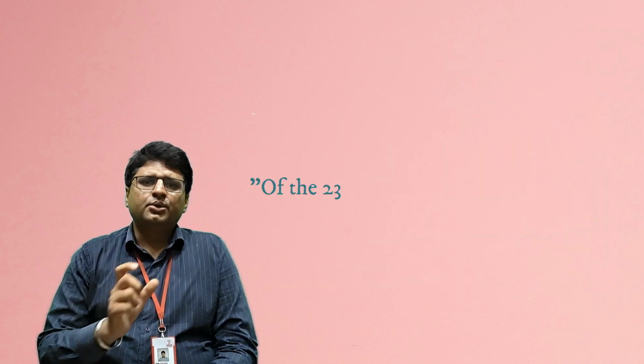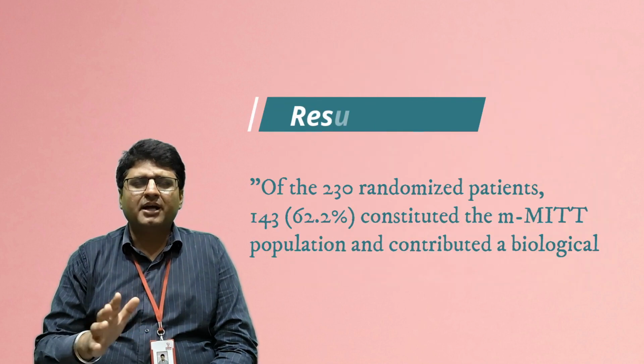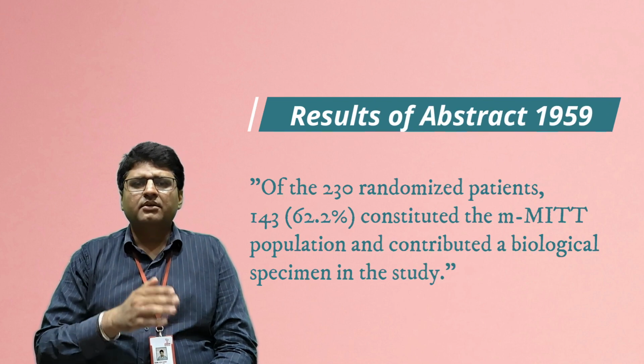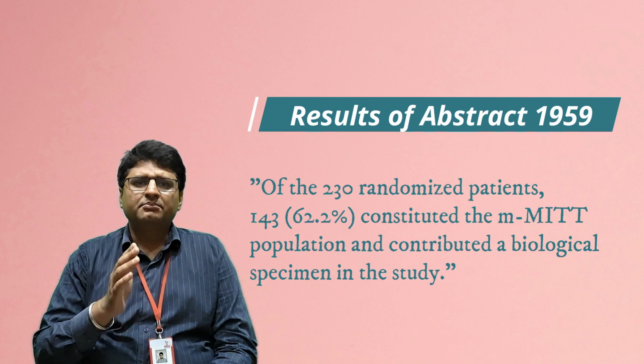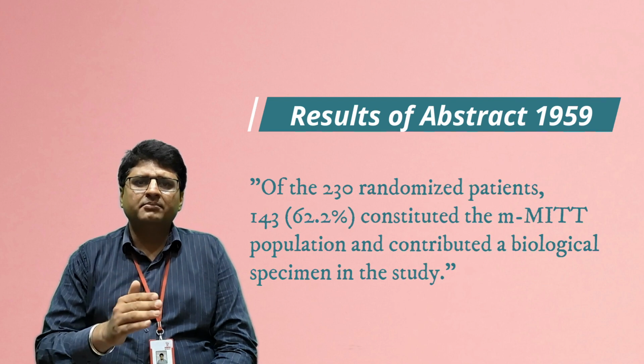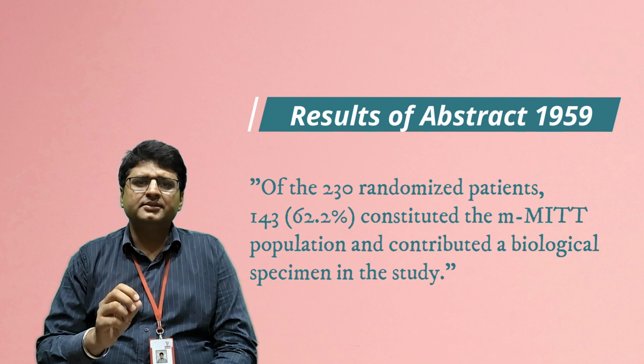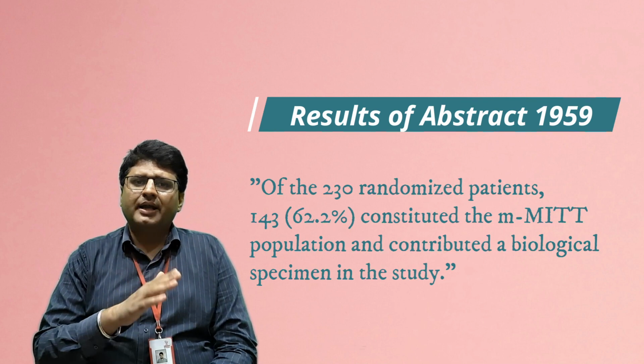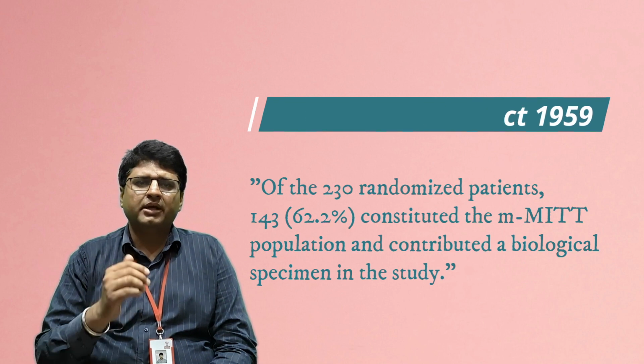As we know, 230 patients were randomized in the PLEA clinical trial, and out of these 230 patients, 143 patients constituted the MMITT population, that is microbiologically modified intention to treat population, and they contributed the biological specimen in this study.